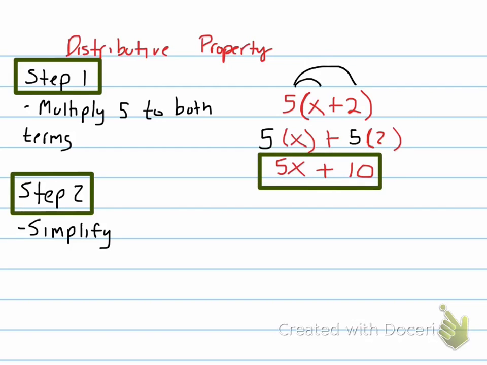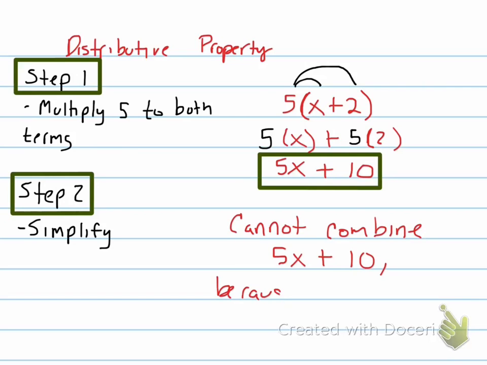Alright, so there's my answer. You cannot combine 5x plus 10 because we don't know x.